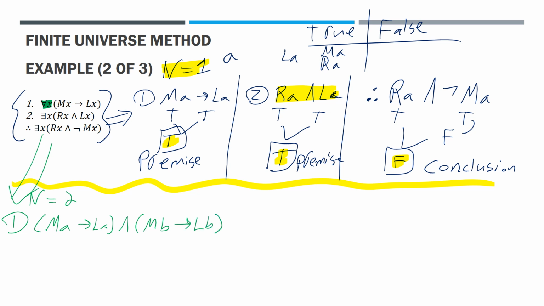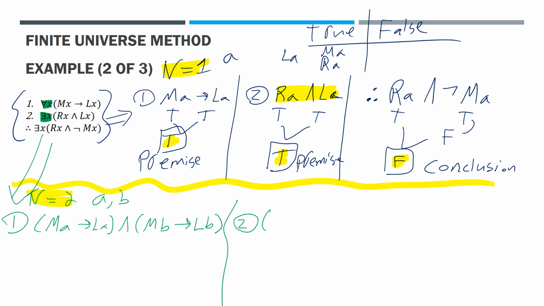Okay, so we have a finite universe of two, A and B. What about the second premise?